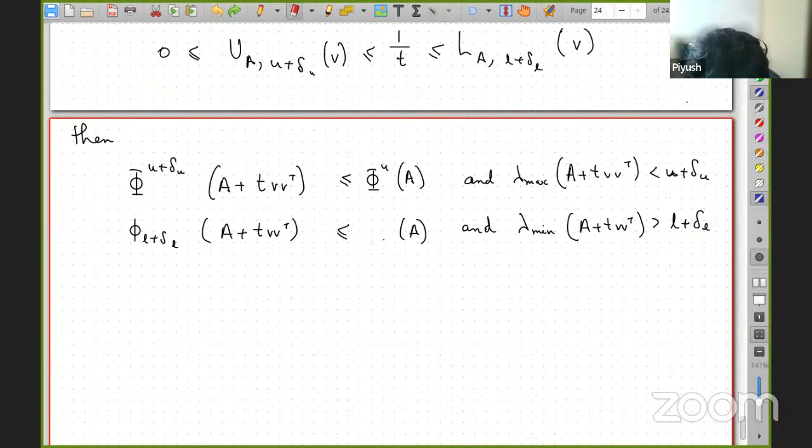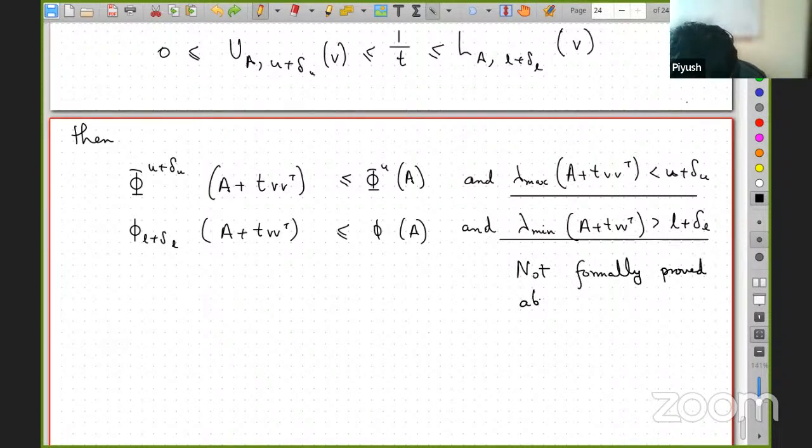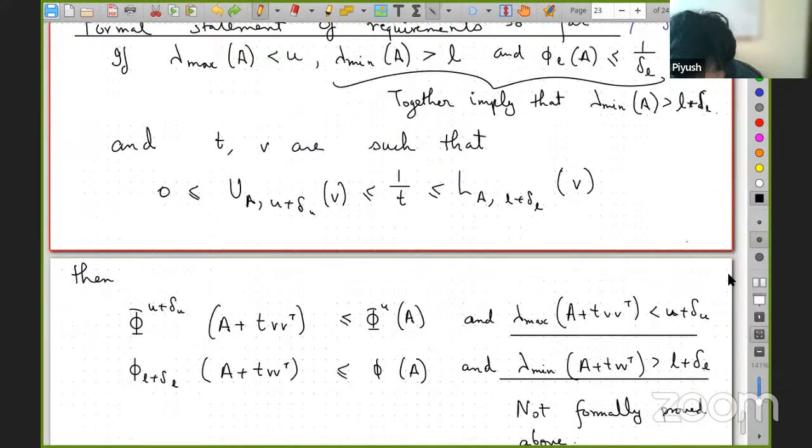Okay. So this is the thing. These two things were not formally proved above. But let's come to them later, or leave it to the next exercise. The same kind of arguments we can do that. Right now, let us just say how we find such a T. Why is there such a T and a V?